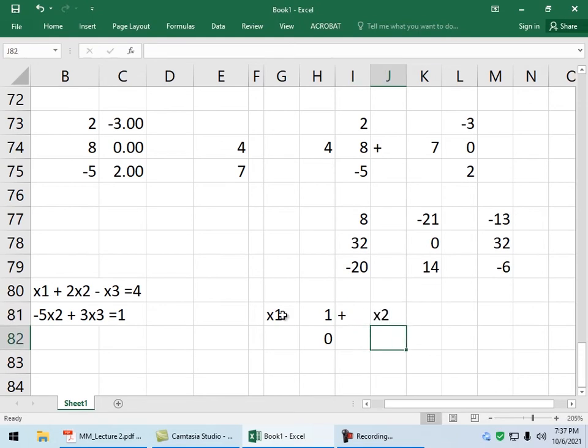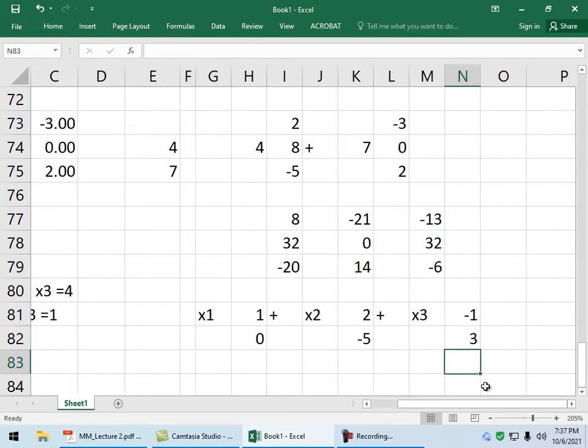Here we see 2 and here we see minus 5, so it will be 2 and minus 5. For x3, here is minus 1 and here is plus 3. Plus x3 times minus 1, 3. And don't forget about the right hand side. This equals 4 and 1.